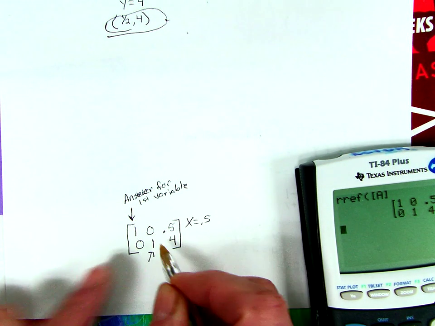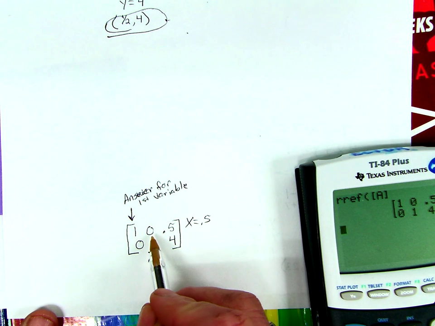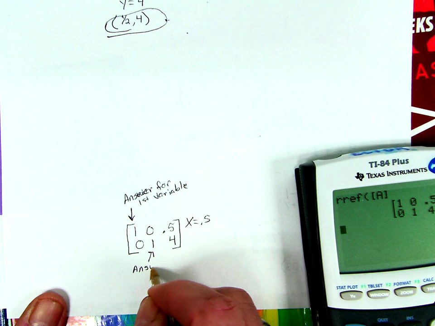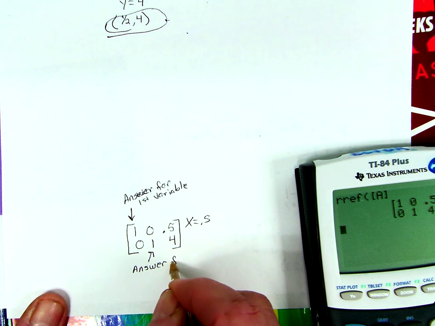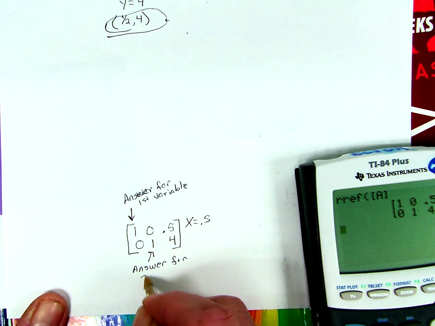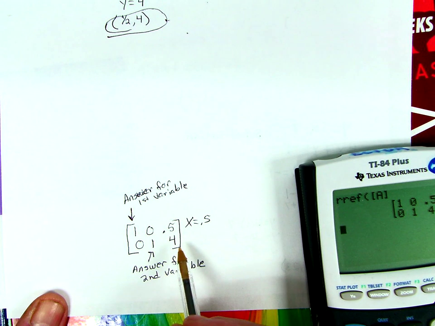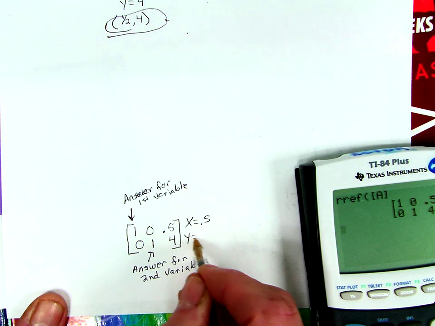The 1 in the second column, second row, means the answer for the second variable. Our second variable was y, so the answer for y is 4.